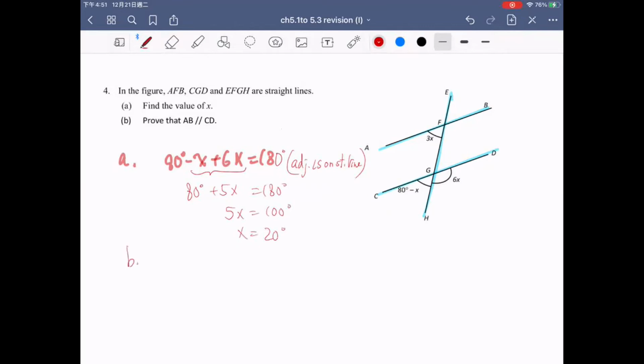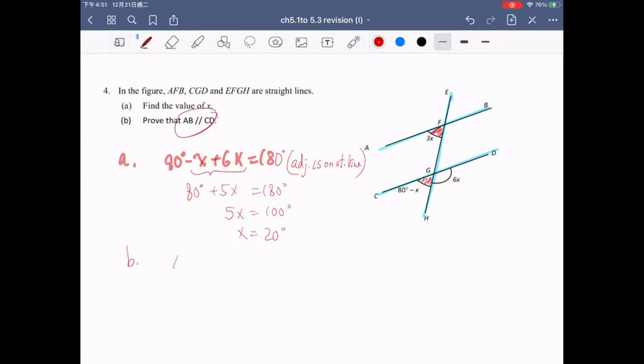For part B, we want to prove AB parallel CD. In fact, we can find these two angles to see whether they are equal, because these two angles are corresponding angles of these lines, right?